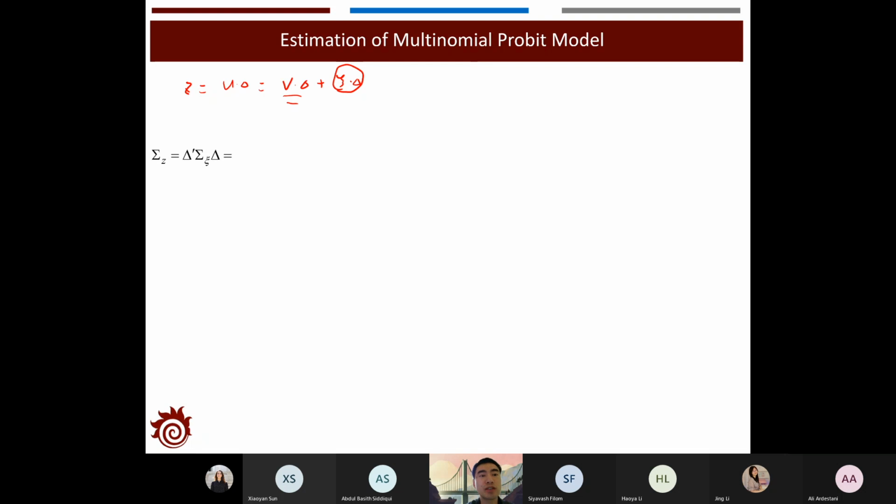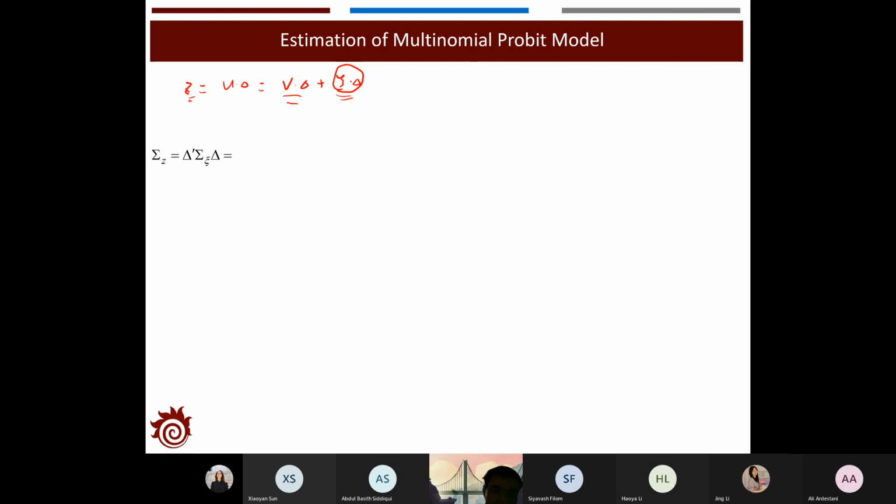The deterministic term does not affect the covariance matrix of Z. So the covariance matrix of Z is actually determined by epsilon times delta. But we have already made some analysis about how to calculate the covariance of a random vector.